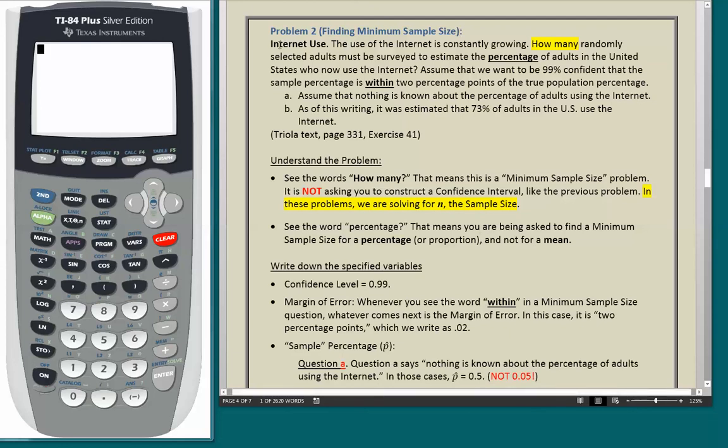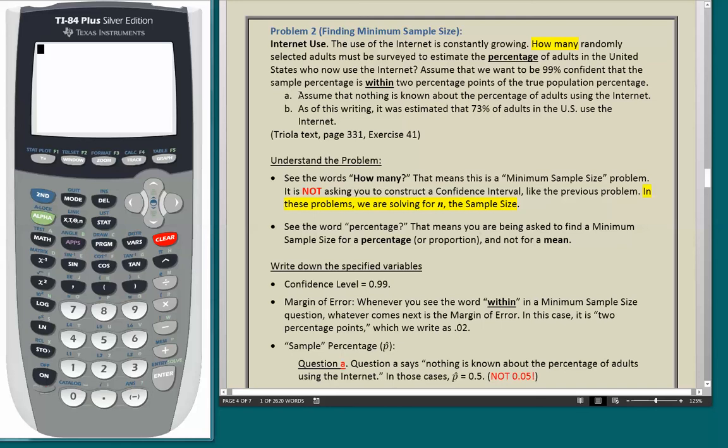Let's read this problem. Internet use. The use of the internet is constantly growing. How many randomly selected adults must be surveyed to estimate the percentage of adults in the United States who now use the internet? Assume that we want to be 99% confident that the sample percentage is within 2 percentage points of the true population percentage. And then they really ask you two different questions, very closely related, but they change it slightly.